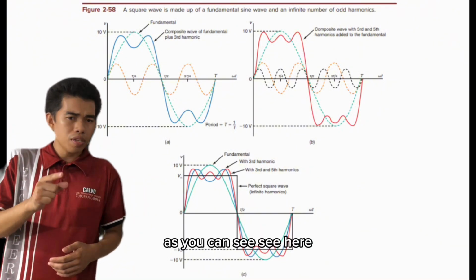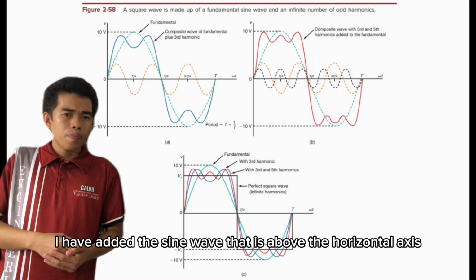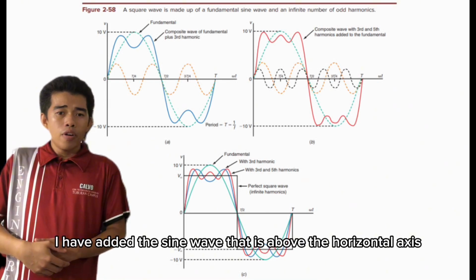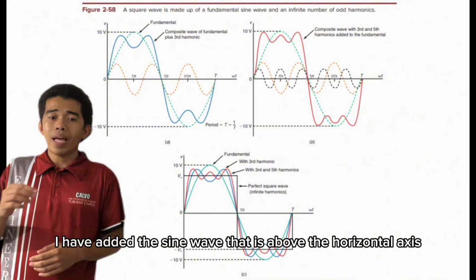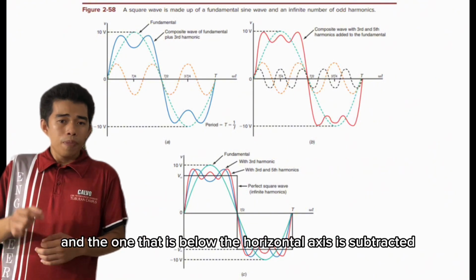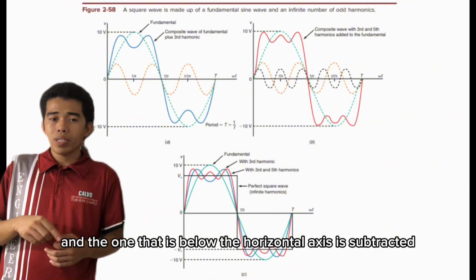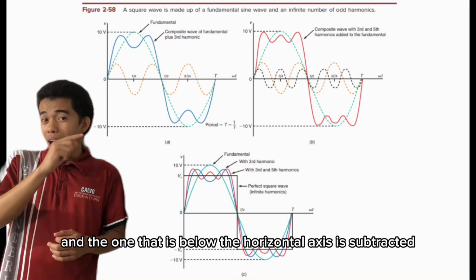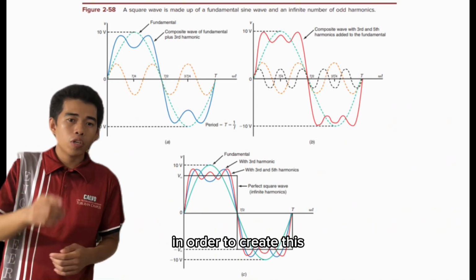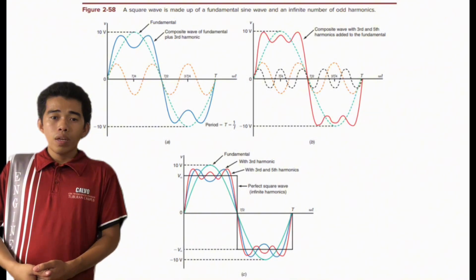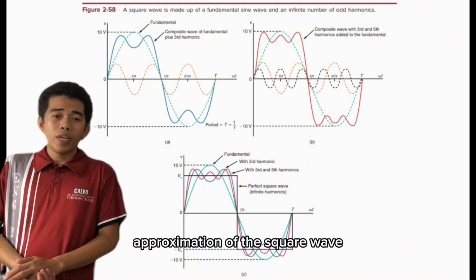As you can see here, I have added the sine wave that is above the horizontal axis and the one that is below the horizontal axis is subtracted in order to create this approximation of the square wave.